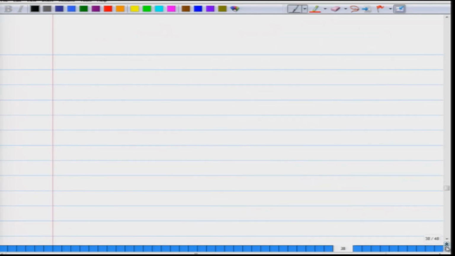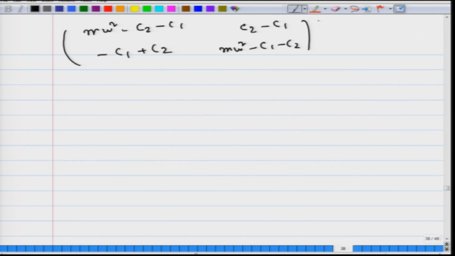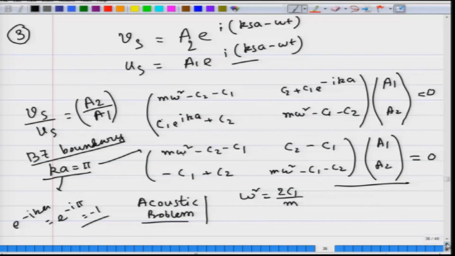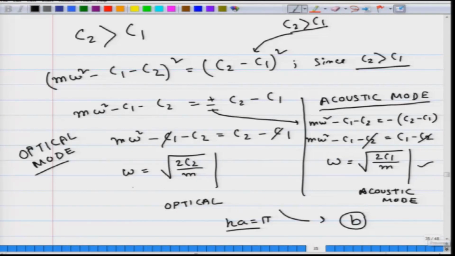Similarly, for the optical mode, again just that equation: (m omega square minus C2 minus C1) A1 plus (C2 minus C1) A2. We have already put k equals to pi, so C1 plus C2, and this will be (m omega square minus C1 minus C2) A2 equals to 0. Now, we put omega square equals to 2 C2 by m. From the previous problem we see that for the optical mode it was omega square equals 2 C2 by m.